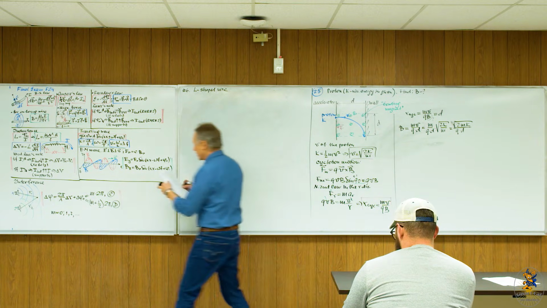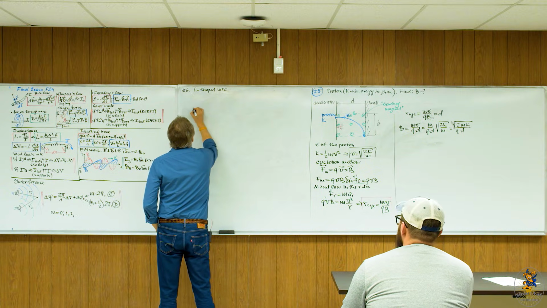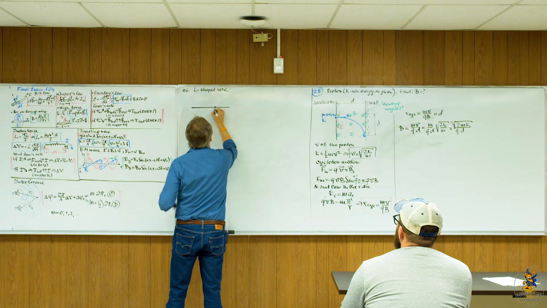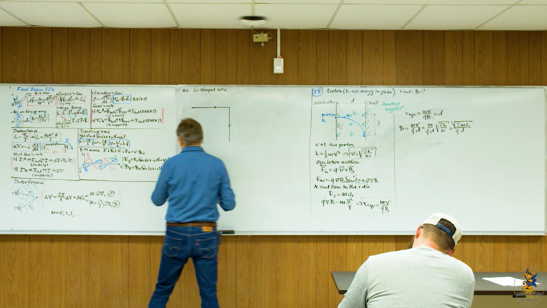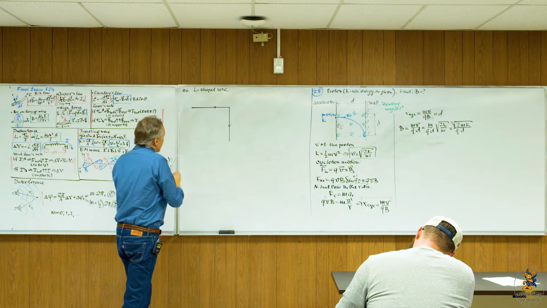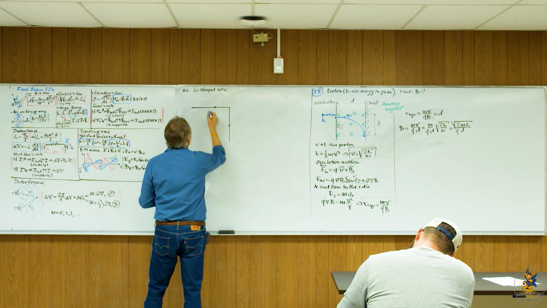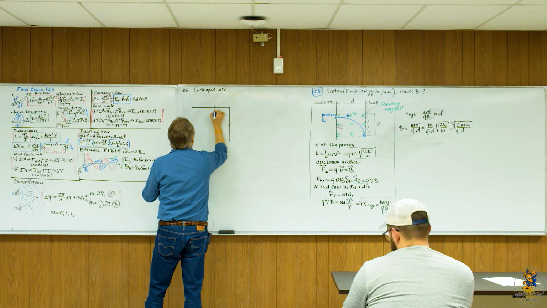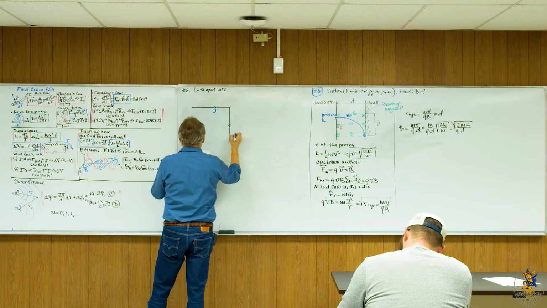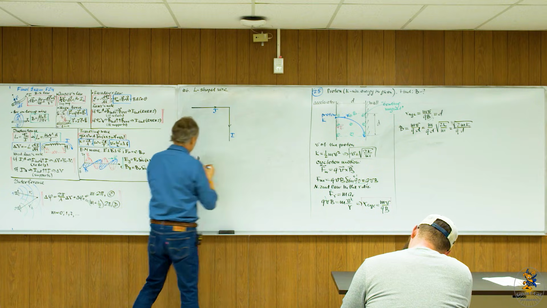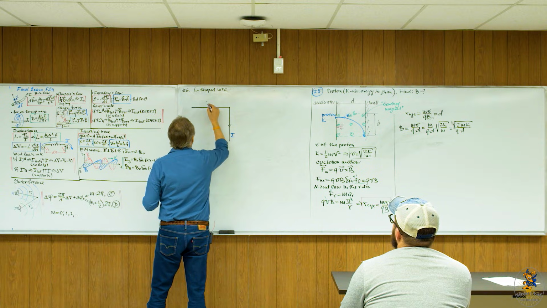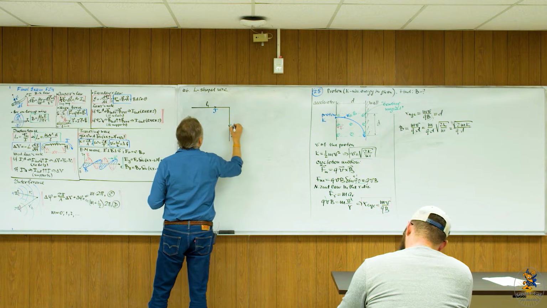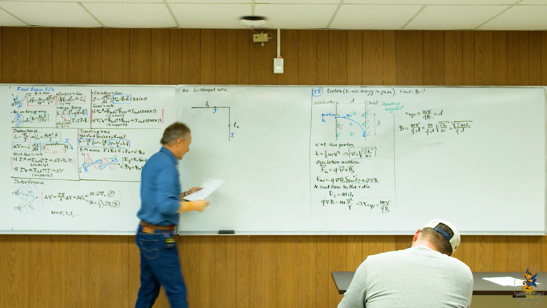I'll probably draw the picture first. So let's say this is the first piece of wire, and then the second. The current, of course, is the same. So let's say this is I, and of course here will be also I. Then this length is L1, and this part is L2.